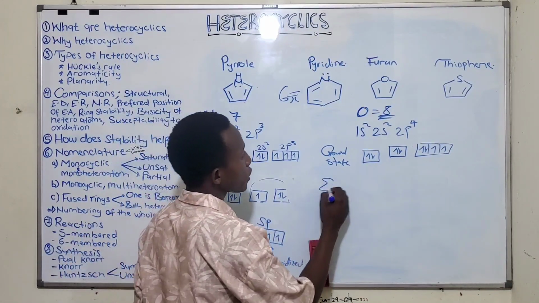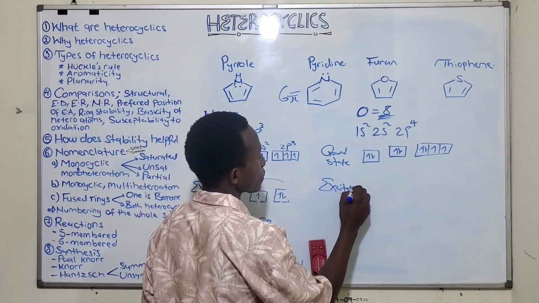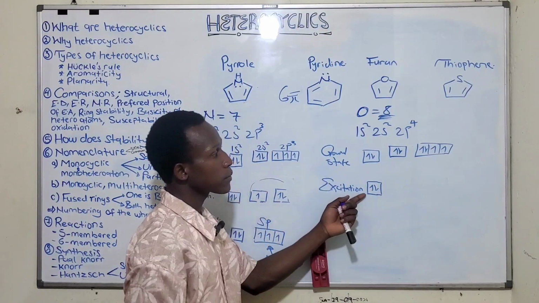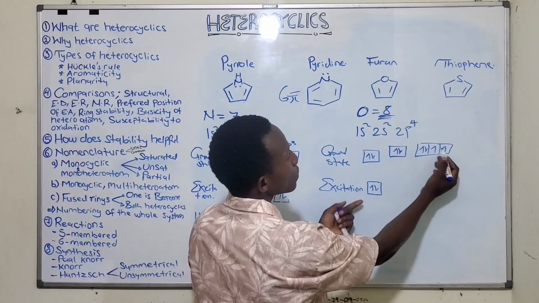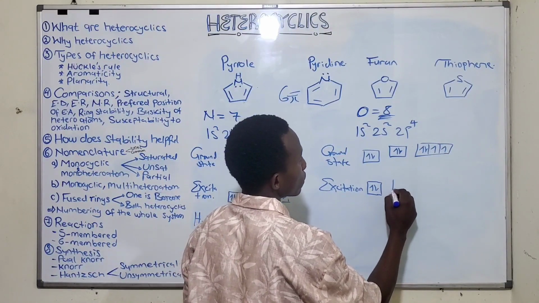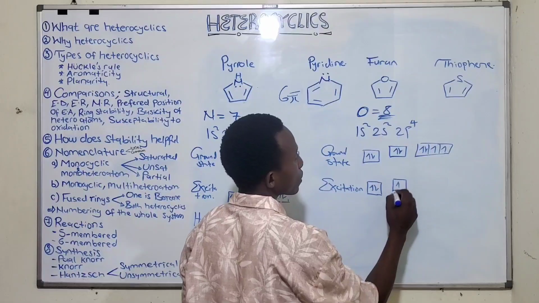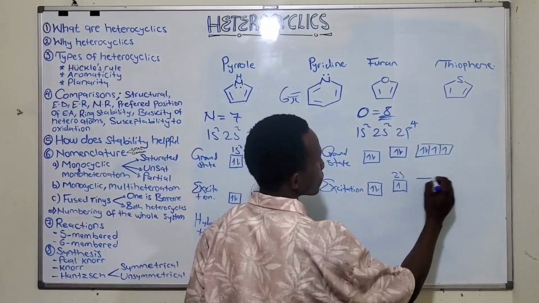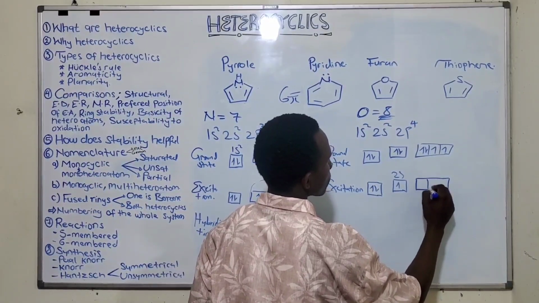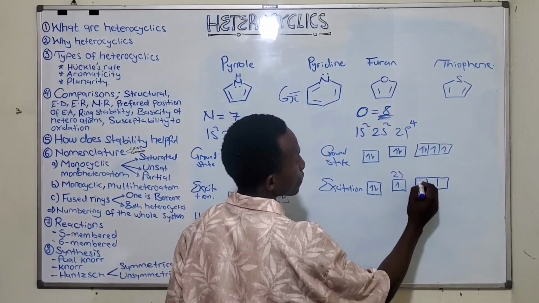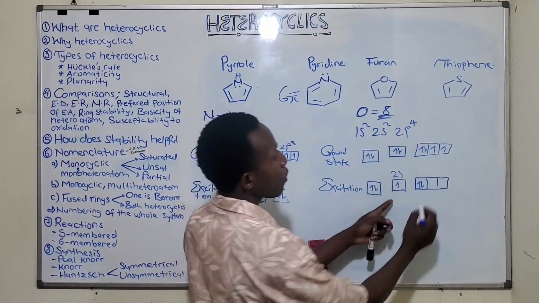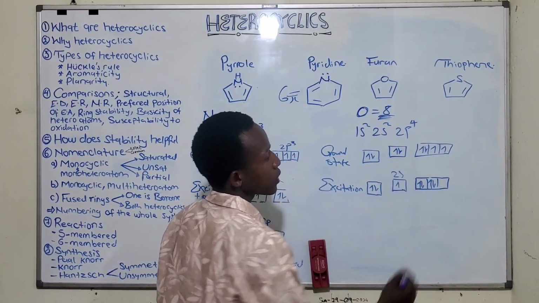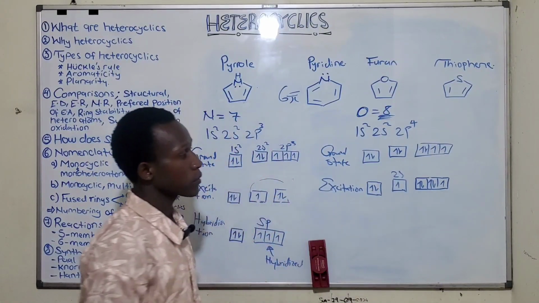So excitation shall have this. These ones remain. Then 1 electron will go to the p orbital. So we shall have only 1 electron here in the 2s. At 2p, we shall have these electrons. Then 1 shifted, it's here. Then we have this one.